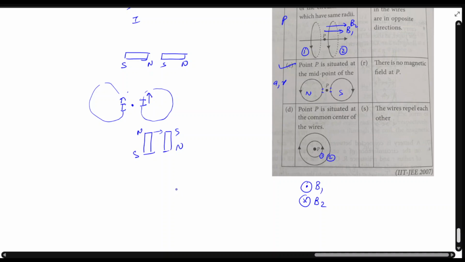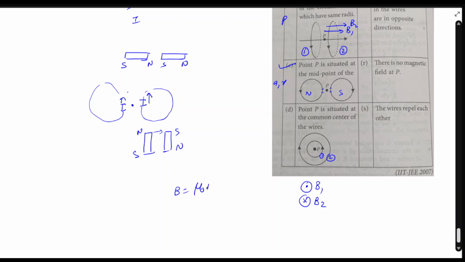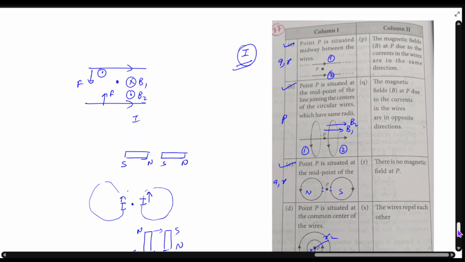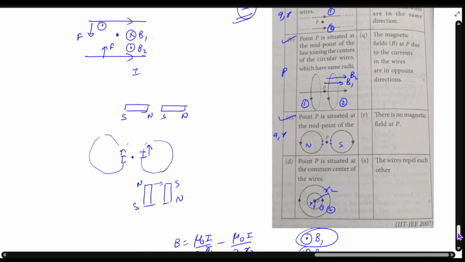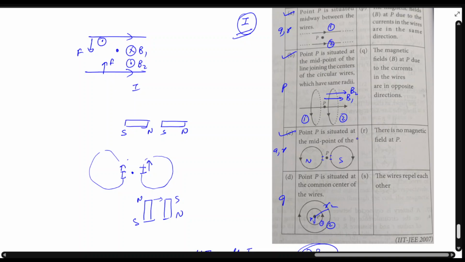And we know magnetic field is mu naught I upon 2R, right? So look, this is R1, this is mu naught I upon 2 R1 minus mu naught I upon 2 R2, and this is, we say, R2. Of course, R1 is more, so magnetic field due to one will be more. So it will not be zero, but it will be opposite, right? So Q is correct. It will not be zero.